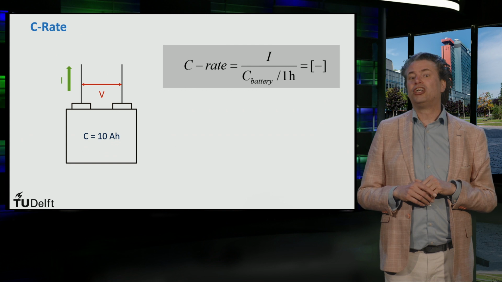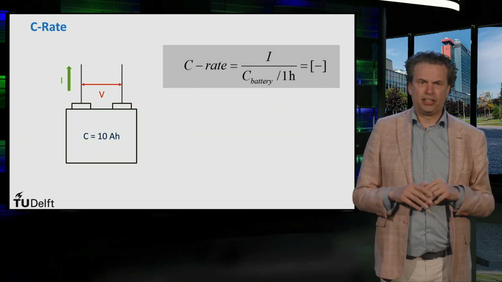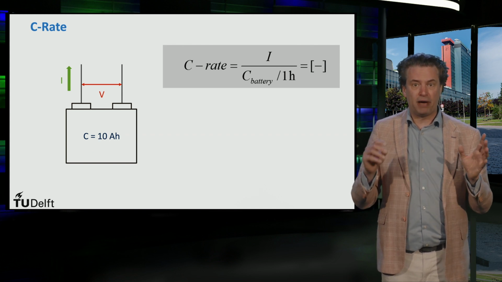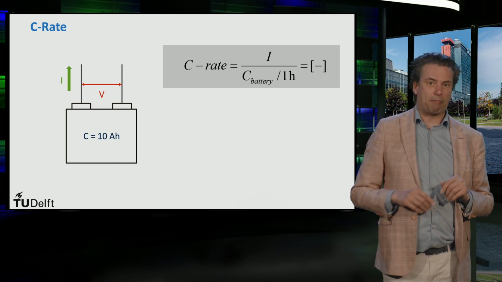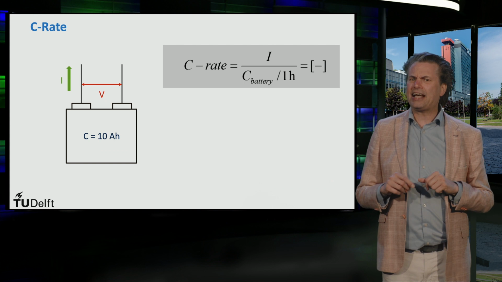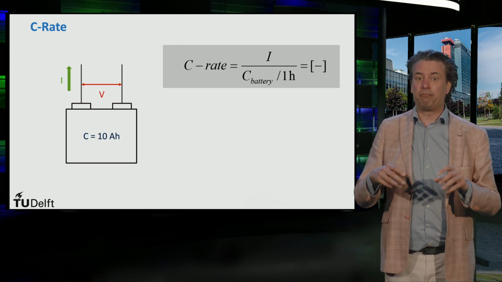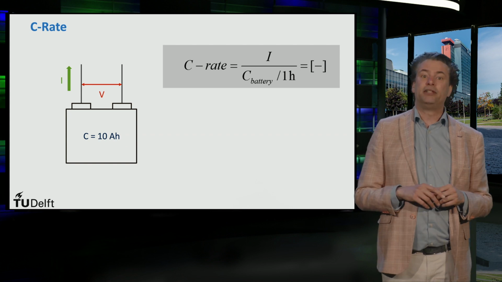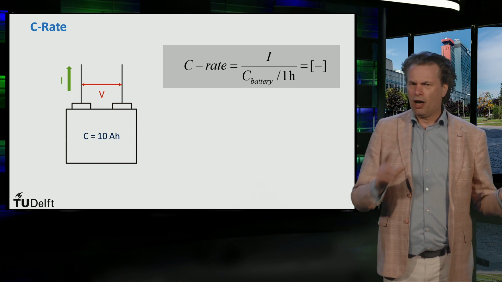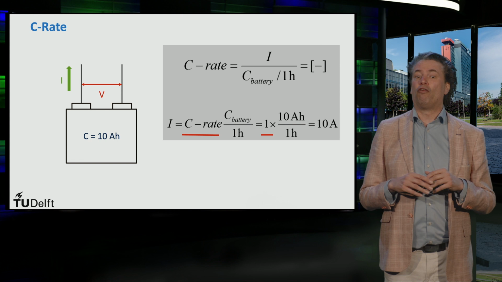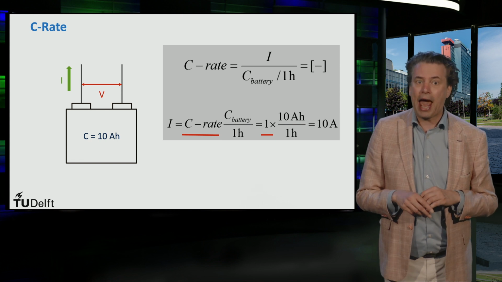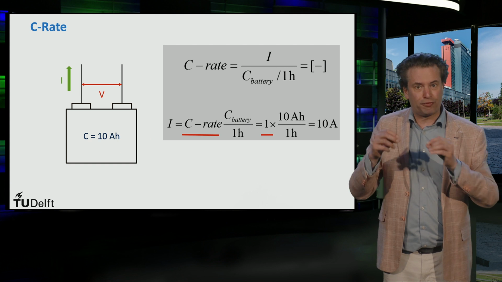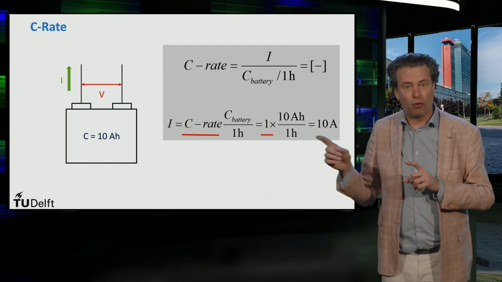Next is the C rate of a battery. The C rate is a measure of the rate of discharge of the battery relative to its capacity. It's defined as the maximal current that can be drawn from the battery in 1 hour divided by the battery capacity. For example, a C rate of 1 for a 10 amp hour battery corresponds to a discharge current of 10 amps over 1 hour.